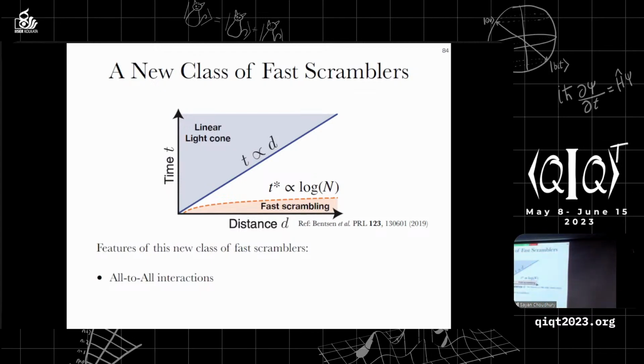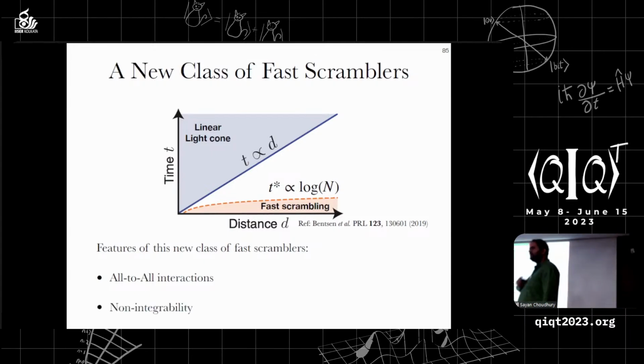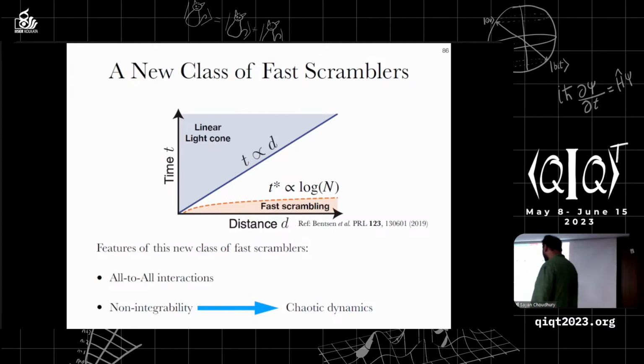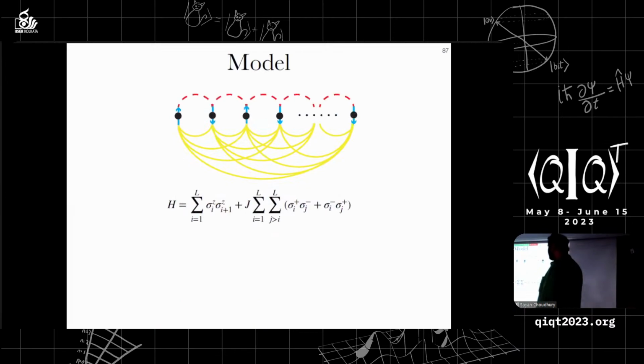But all-to-all interactions alone are not good enough, because if you have a purely all-to-all interacting system, you would end up with an integrable model, and the system will not really thermalize. So the next thing you need is non-integrability, which is important for chaotic dynamics. We showed that if you have a model with uniform all-to-all interactions together with an Ising interaction, the two together give you non-integrability.